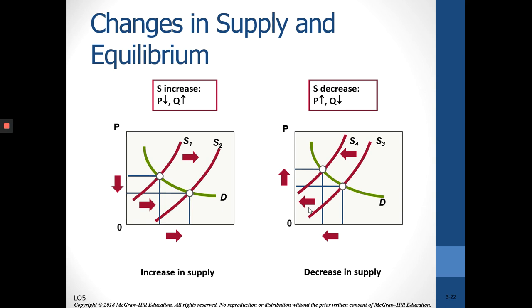The opposite on the right-hand side happened in the 1970s. Late 1970s, the U.S. placed an oil embargo against buying oil from the Middle Eastern countries. And the U.S. was not producing that much of its own at the time. So that decrease in the supply curve caused huge increases in gas prices. And it was part of the thing that led to a great deal of inflation in the 1970s and early 80s, which we will talk about in a chapter later on aggregate supply and aggregate demand.